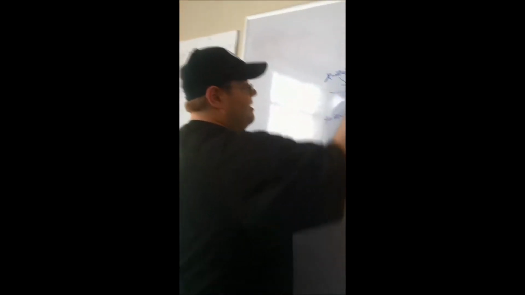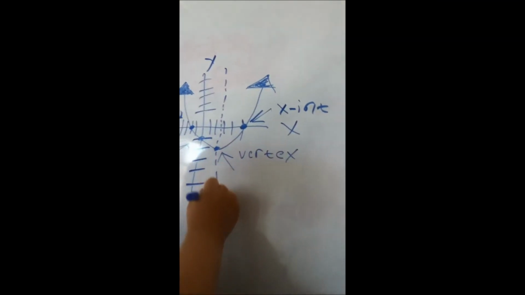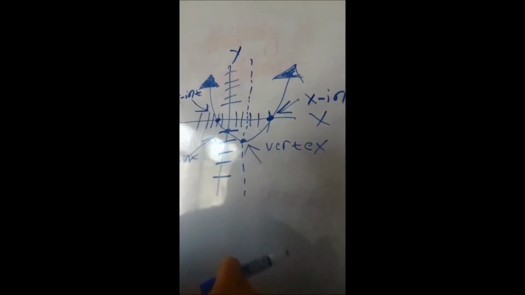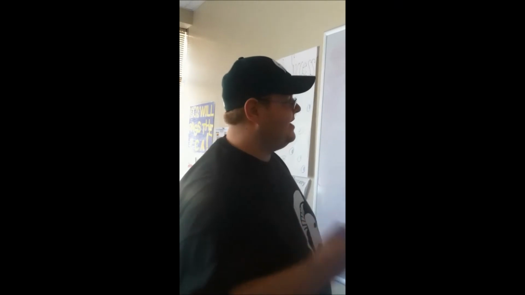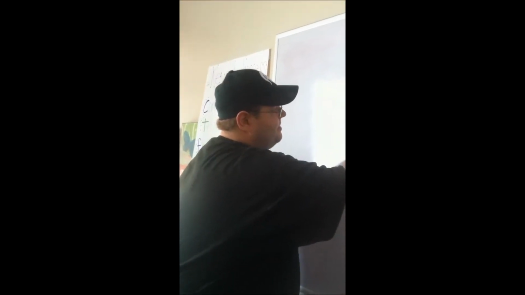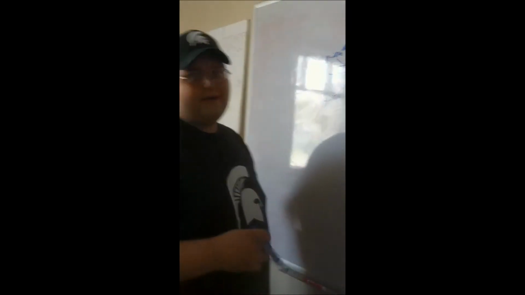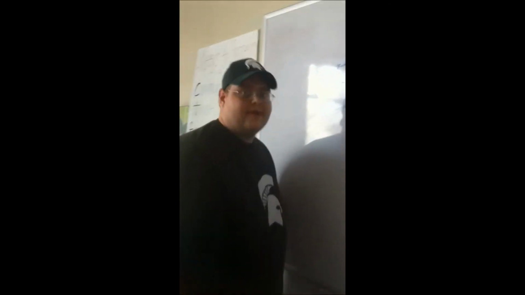Because there's an axis of symmetry right here, like an invisible axis of symmetry. What does that do? That helps you tell where the vertex is. And you couldn't really have it over here because the whole graph would be out of whack. So if you drew an invisible axis of symmetry right here, this really wouldn't make sense over here.